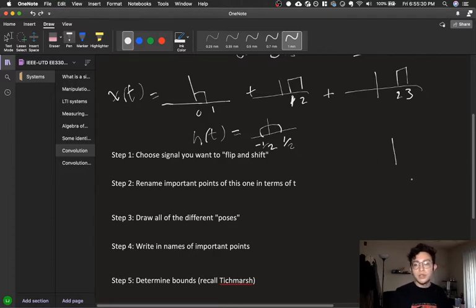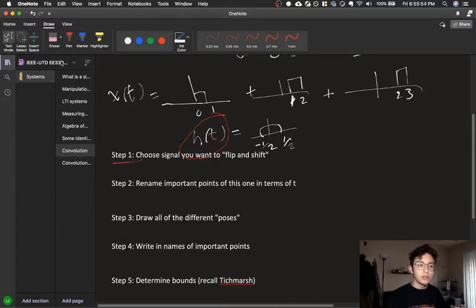You wouldn't want to use that as the signal that you flip and shift, just because it's hard to define boundaries on those for this method. So I'm going to choose h of t to flip and shift. I'm going to put that in red. So step 1 is red.